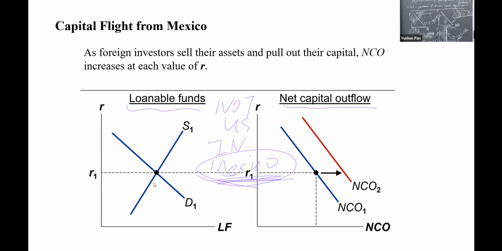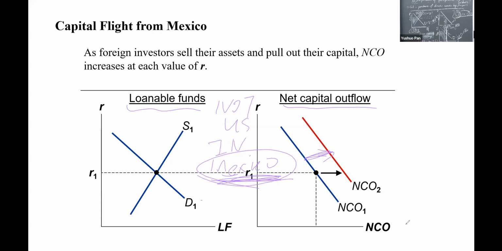So it's not the United States we learned before. Since Mexico has political instability, no matter residents or foreigners, they are going to pull out their capitals and invest in other countries. So NCO will move to the right-hand side.